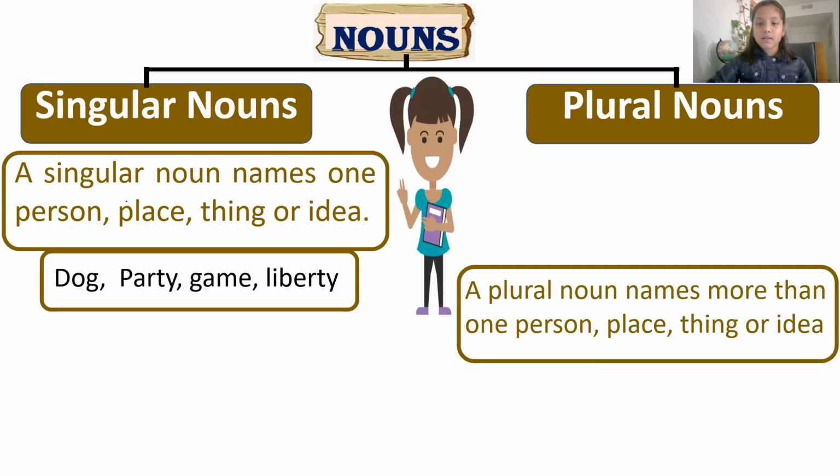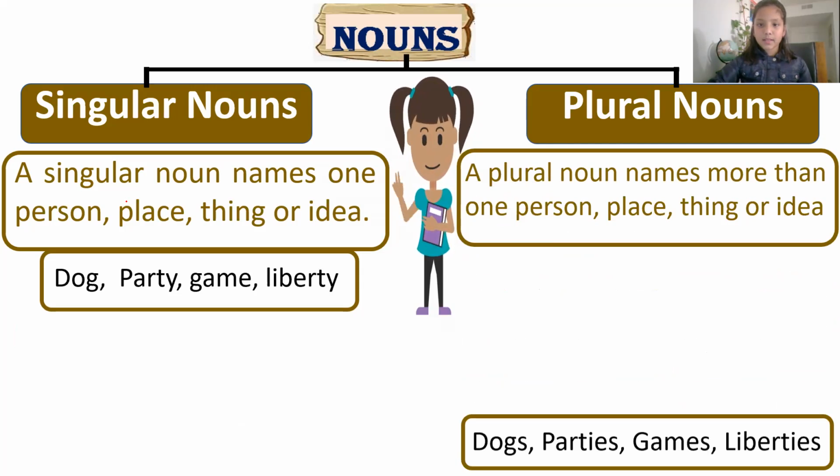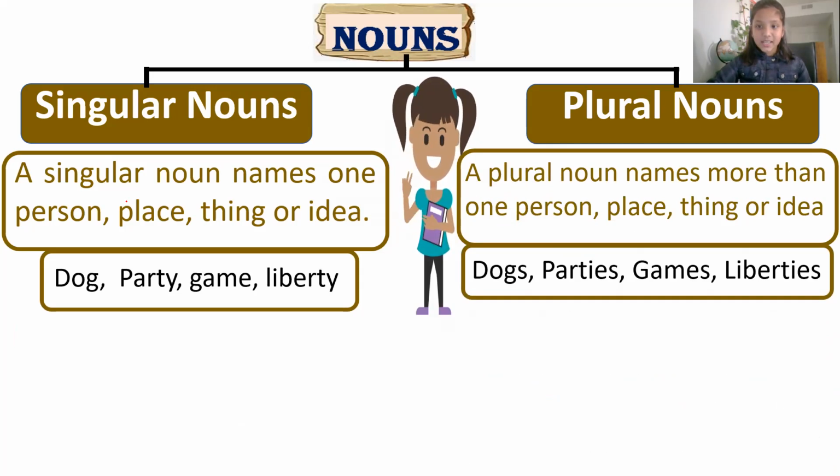A plural noun names more than one person, thing, or idea, like dogs, parties, games, and liberties. You see, dog, there's only one dog, but the plural form of dog would be dogs, because it's more than one dog.